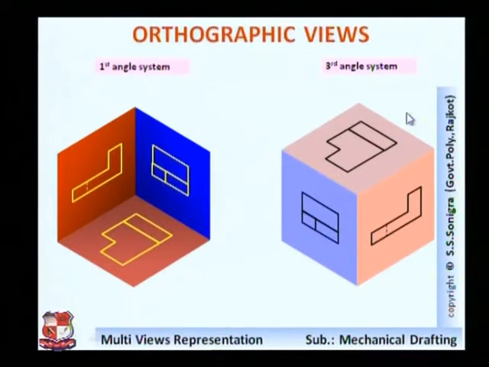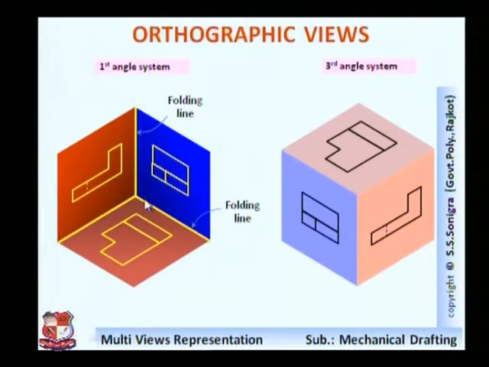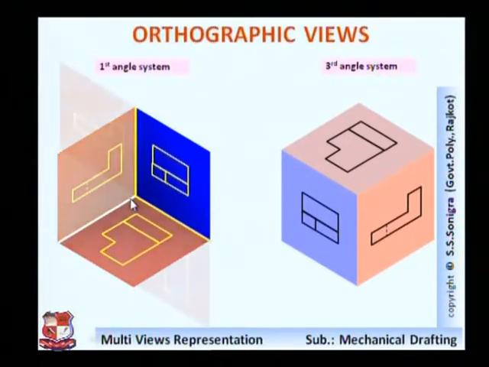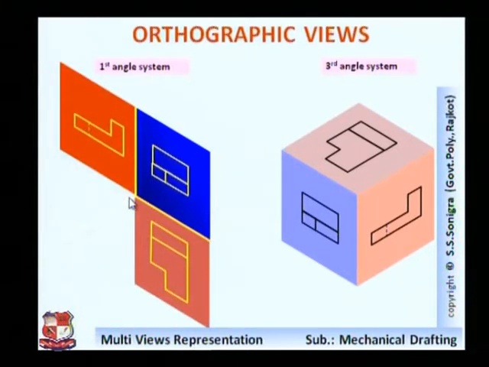Now these three views are the views drawn in plane according to the first angle projection method and third angle projection method. Now if I open these three views, this is a folding line, and if we cut from here to here and open, it would appear like this.